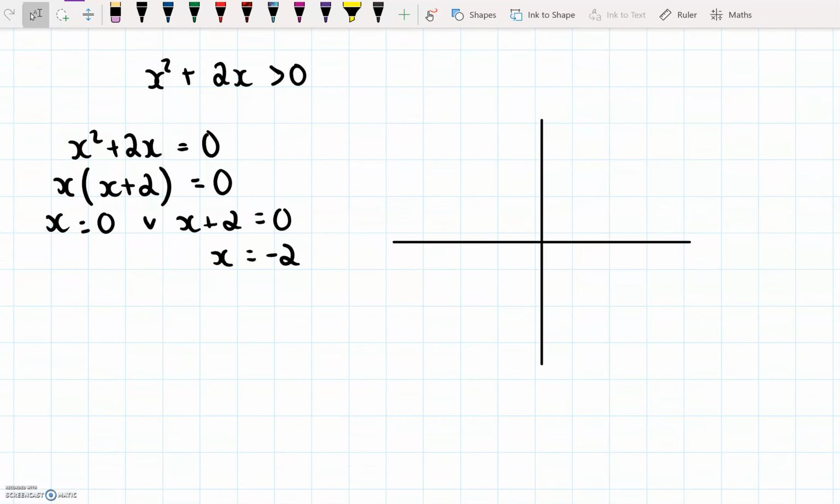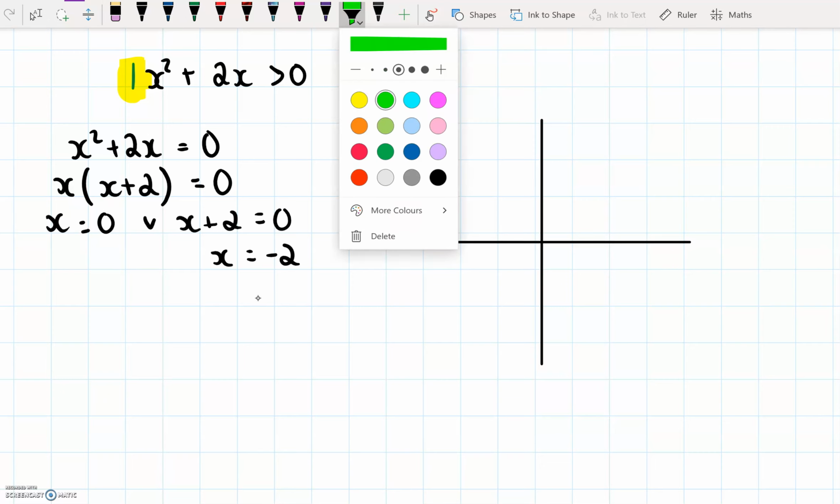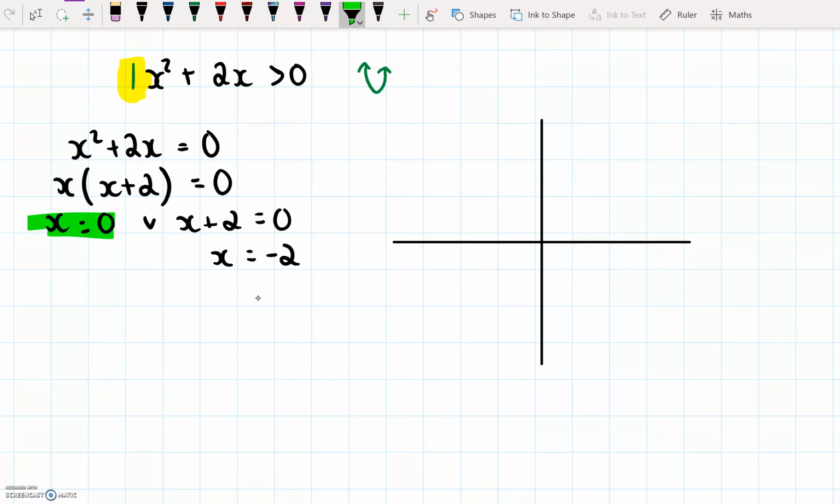Now we can draw the sketch for this one. We know that we have a parabola that is positive. If we look up here, the term in front of the x squared is really a 1, so we know that it's a positive parabola, so it's this shape. And we know that our intercepts are at x equals 0 and x equals minus 2.